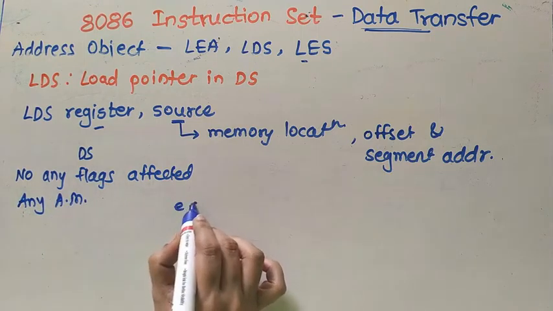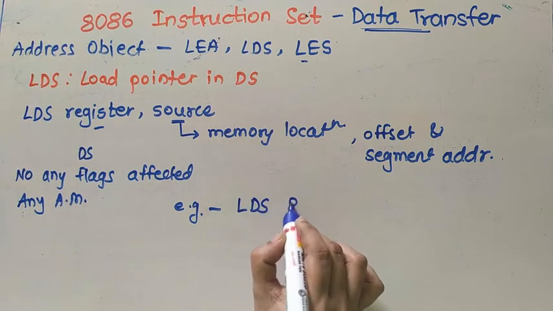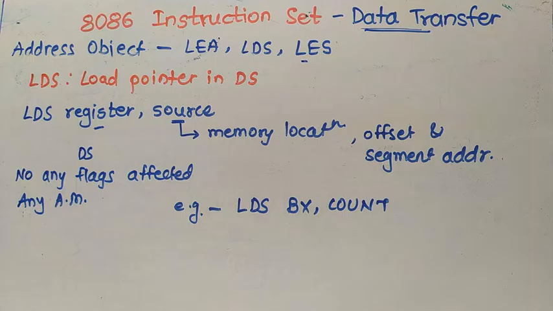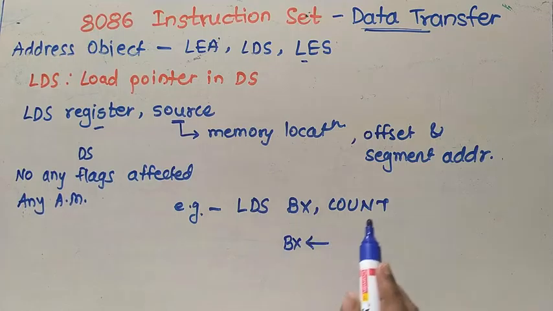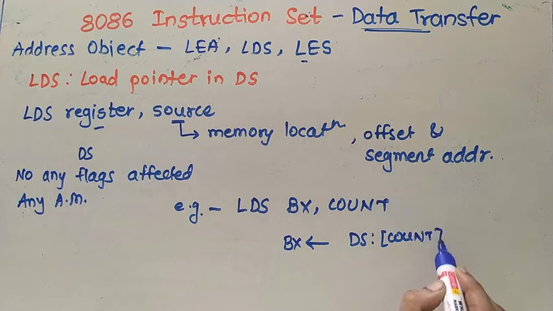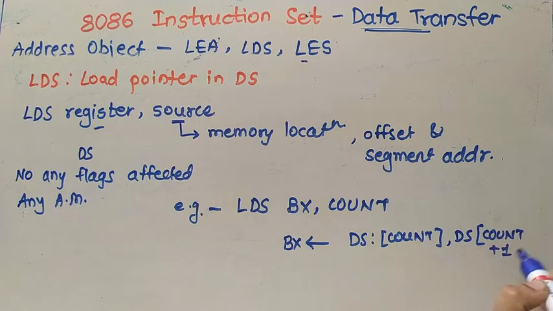Let's take one example of LDS: LDS BX, count. Here count is from the data segment. From count and count plus 1, the contents are moved into the BX register, means the BX register is loaded from count as well as count plus 1.